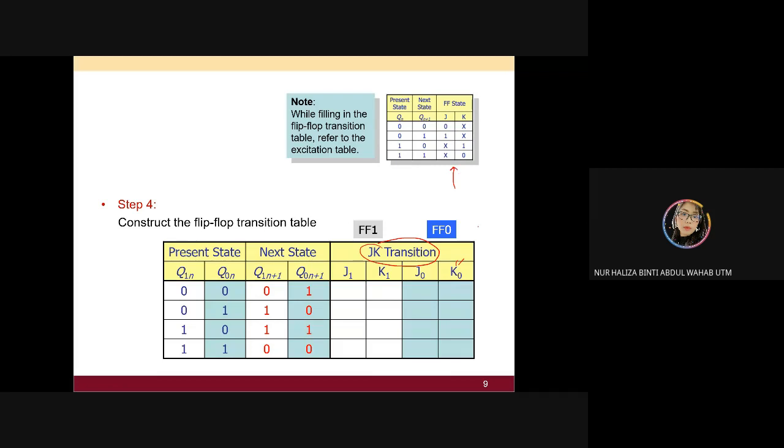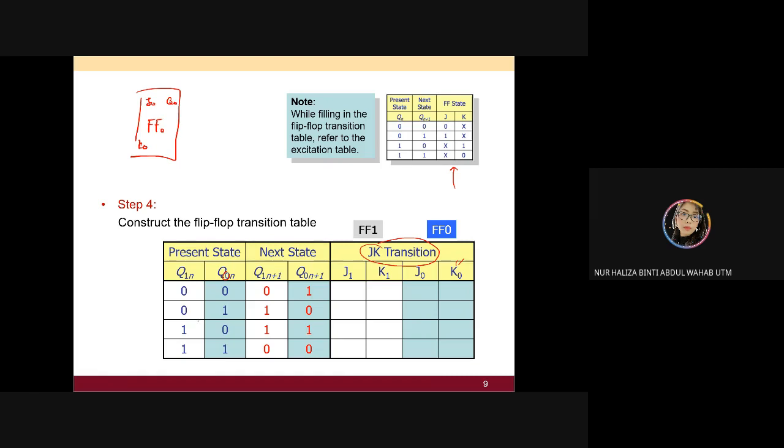Sama macam tadi, this is the things that you need to find out, the value, okay? So now you have here, first thing, okay, kita tengok satu-satu. You have the flip-flop 1, FF0, J0, K0, Q0.